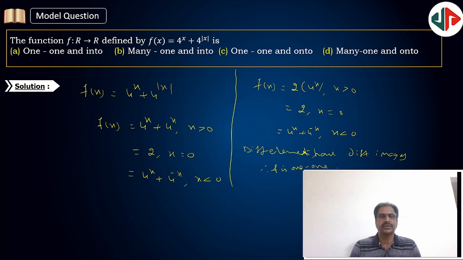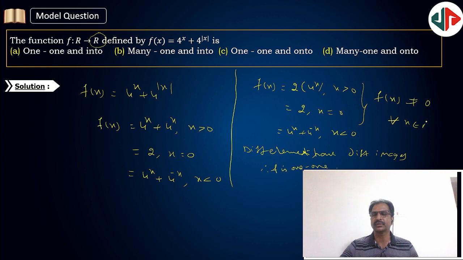Then, when we say that a function is onto, if range and codomain are equal, the function is onto. What is the codomain given? All real values. But here, the function is not equal to 0 for any value of x. This function cannot be 0 anywhere, which means 0 will not be there in the range of f of x.